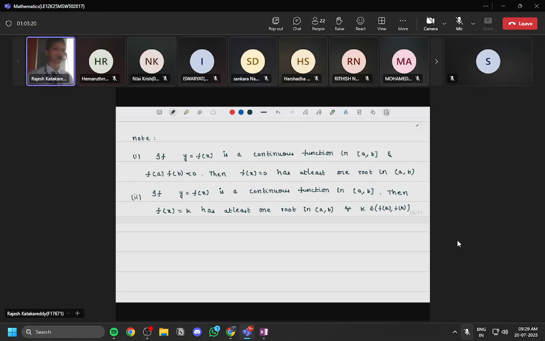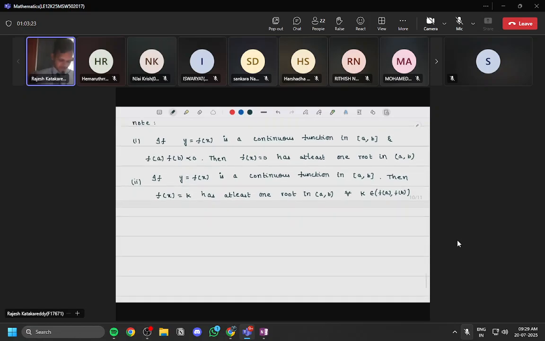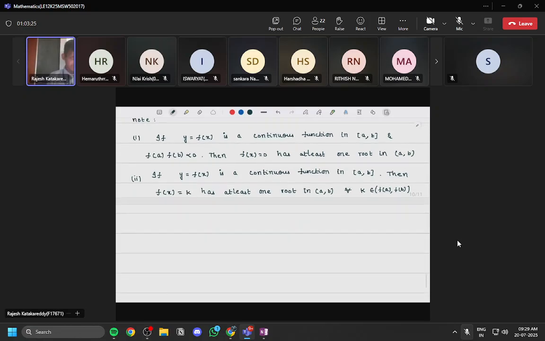Which one? First one. See, like maybe if I take a graph, maybe you will understand better. Let's say you have a continuous function in a closed interval a to b, and we told that f of a and f of b has opposite signs. Let me take something like this. In this, this is x is equals to a, f of a is above the axis.